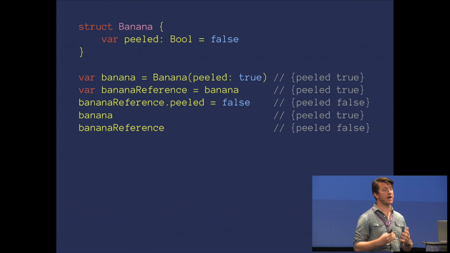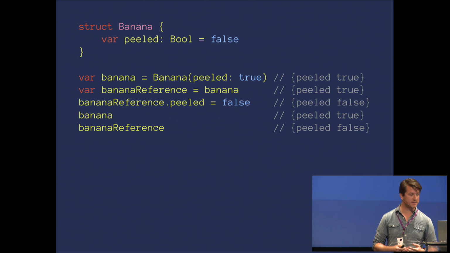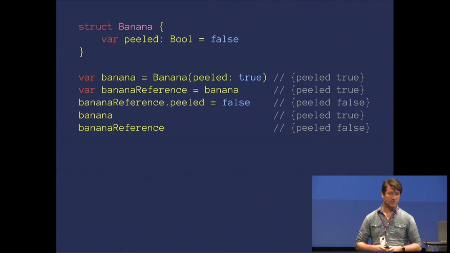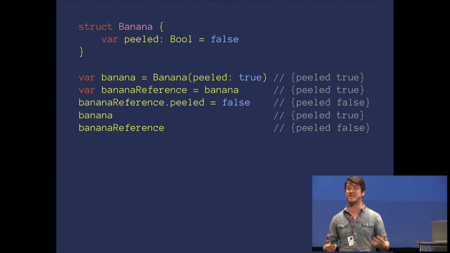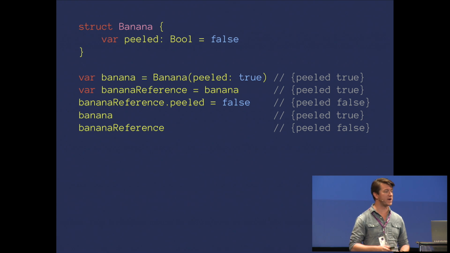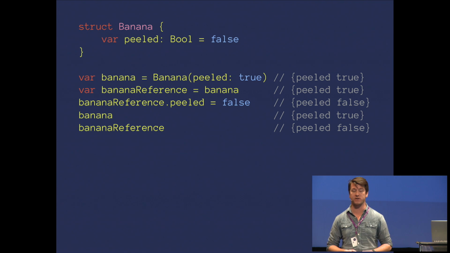As we pass values around our system, values are our data. Their semantics, whether they're let values or specific mutating values, define how these objects should be used. This lets us more easily reason about our code without worrying if our bananas will get peeled from under our noses.